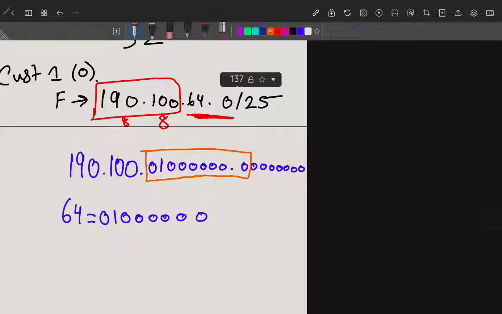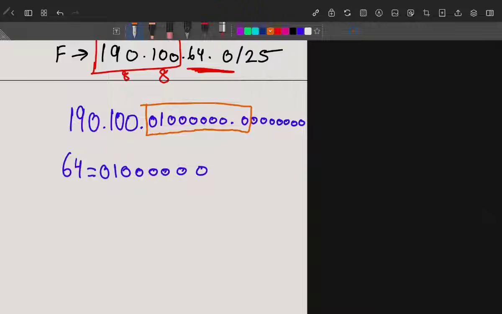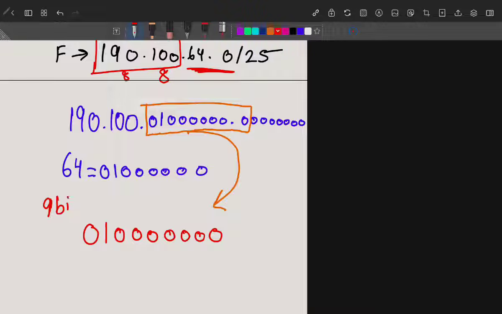So start with this. Now we know these 9 bits are reserved for the subnet. Because they are reserved for the subnet, get the 9 bits and write them down. This is a number of 9 bits.